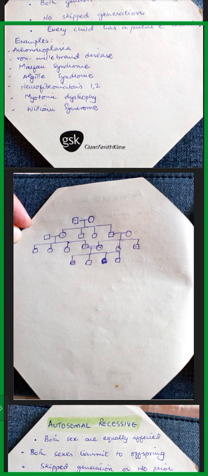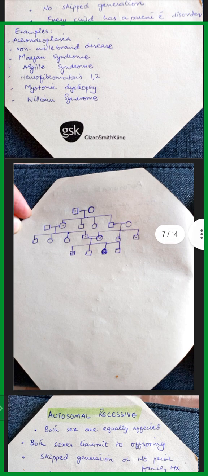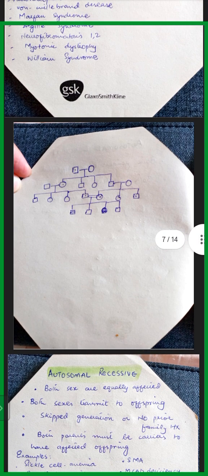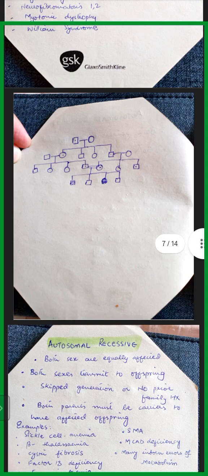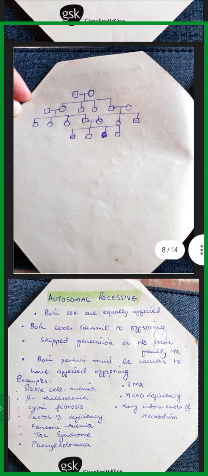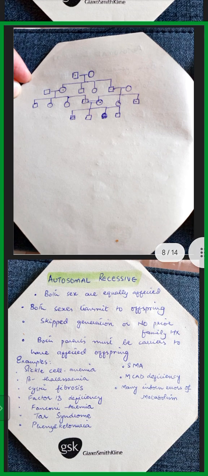Clear, right? Where there is difficulty, please let me know. Both genders are equally affected. Both genders transmit to offspring, with skipped generation or no prior family history, and both parents must be carriers to have affected offspring.